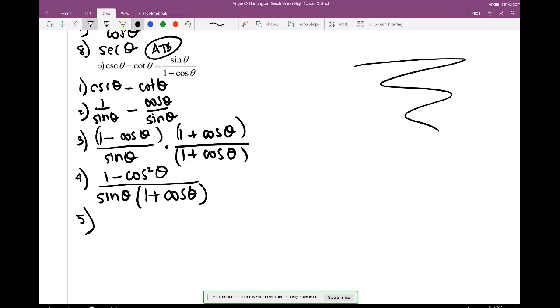What are you going to do? Maddie? One of the identities, if you flip it around, the top would be equal to sine squared. Do you agree with Maddie? 1 minus cosine squared is always? And 1 minus sine squared is always? Cosine. All right. You are correct, dear. Very good. Remember, what's your goal?